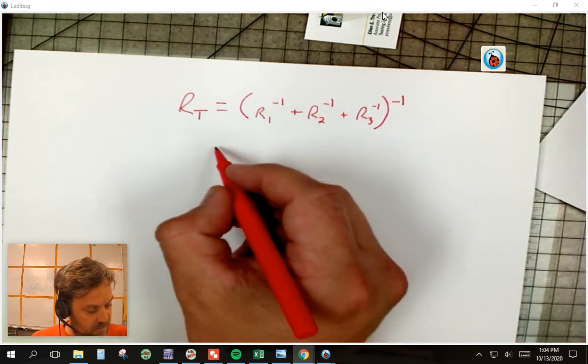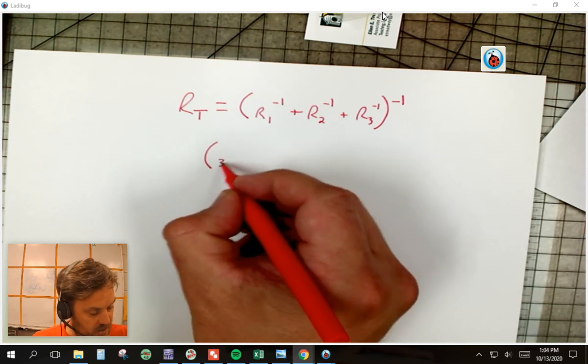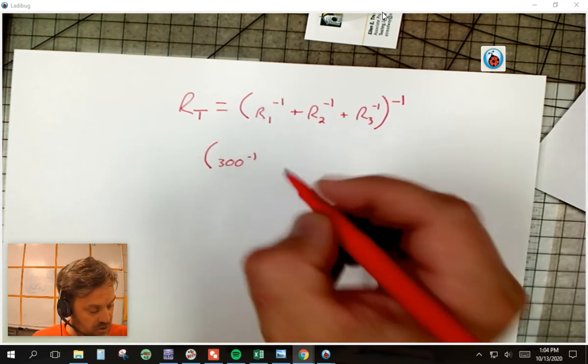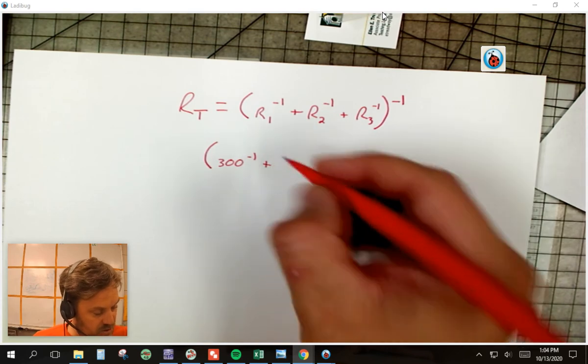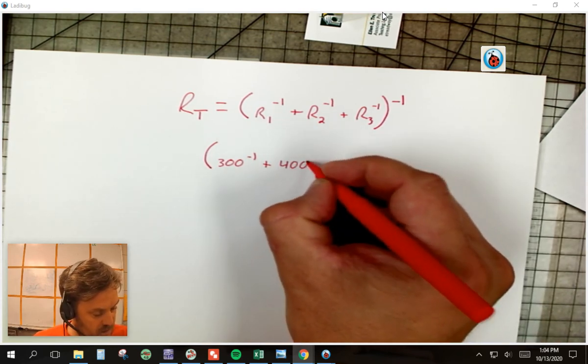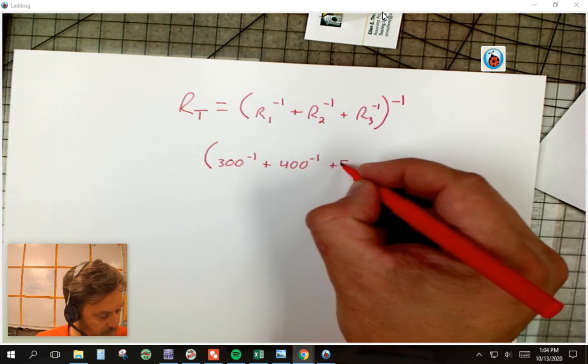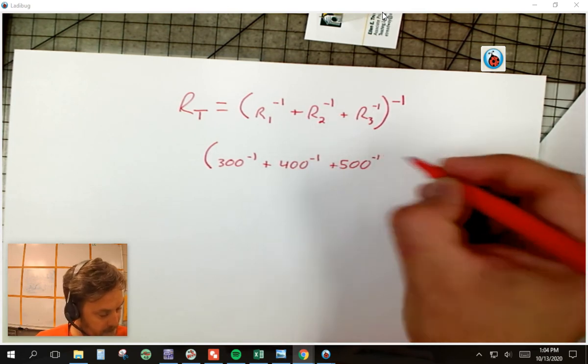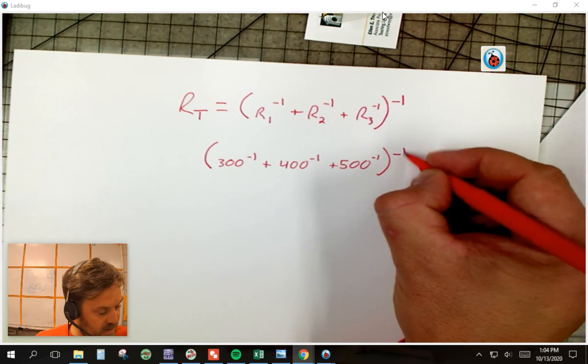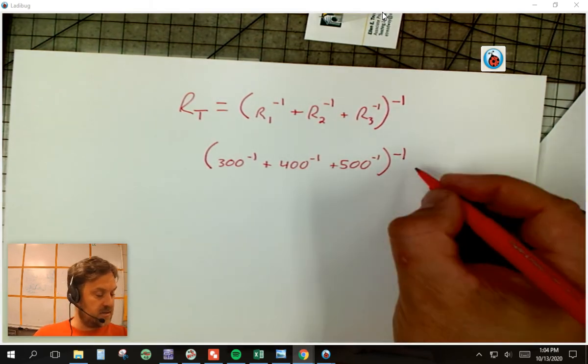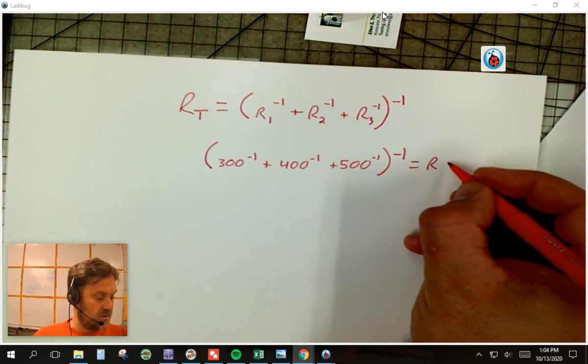So if I was putting that in my calculator, I would say 300 minus 1, and now I want you to go ahead and do this so I know that you can do it, and then tell me what you get. That's why you got your calculators. Don't forget the last inverse. That's going to give us our resistance total.